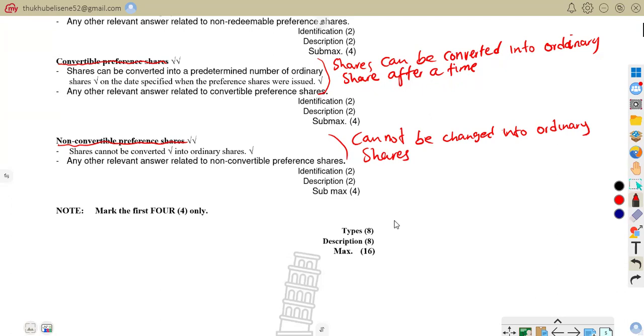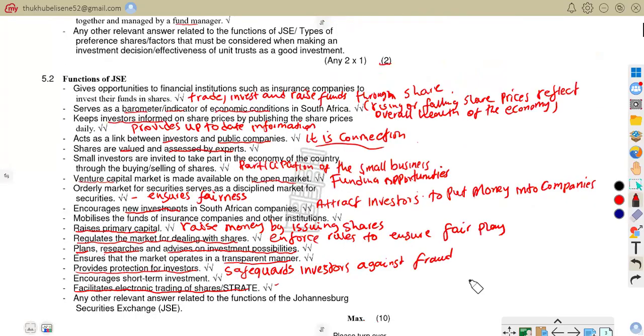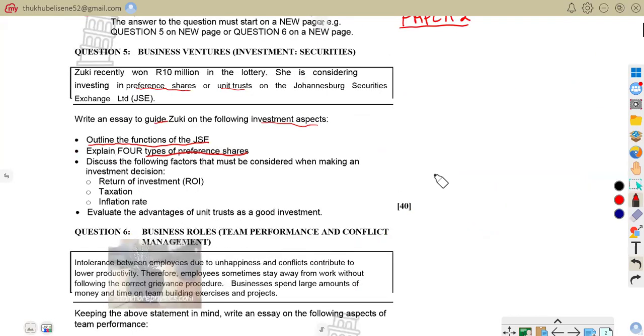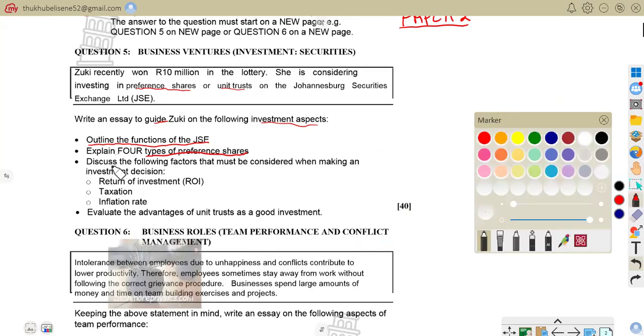So now we are to move on to another aspect. The other aspect is: discuss the following factors that must be considered when making an investment.